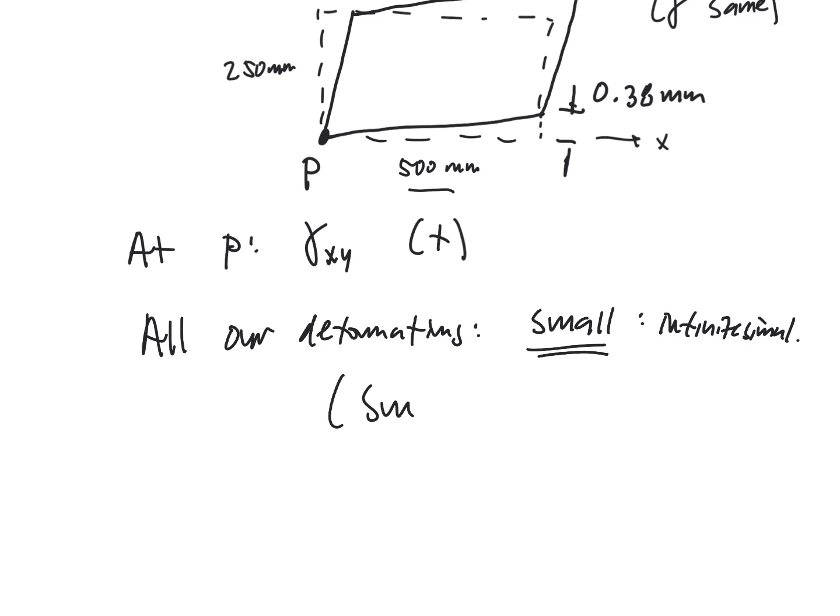So small angles also. So for example, when we did our original delta over L for our normal strain, if the bar is 12 inches long, we're not going to stretch it 6 inches. I mean, we're stretching a fraction of an inch because all of our deformations, all of our strains are going to be very, very small.